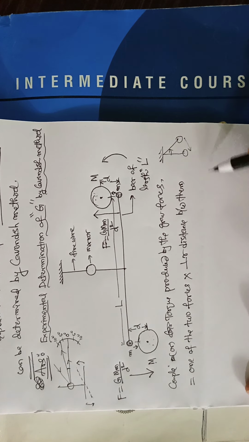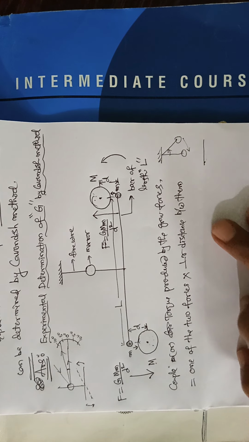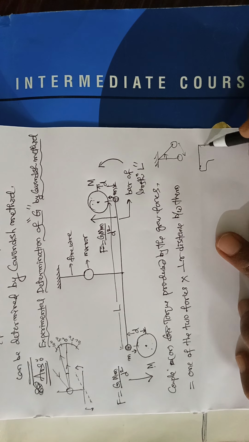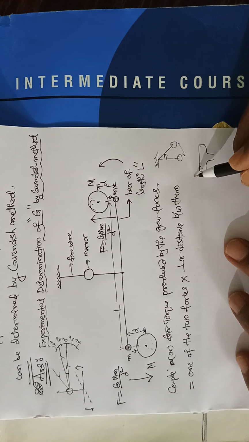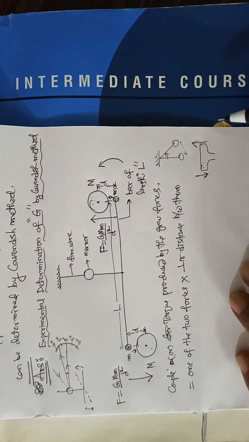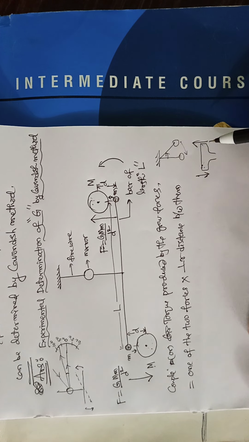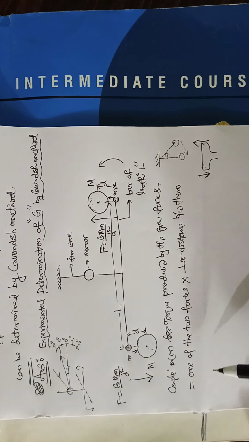See, when there is a tap, you know very well, the tap will be like this. Here you apply a pulling force, here you apply a pushing force, so that this rotates. Just like that, on this bar, a pulling force here and a pushing force here are applied.